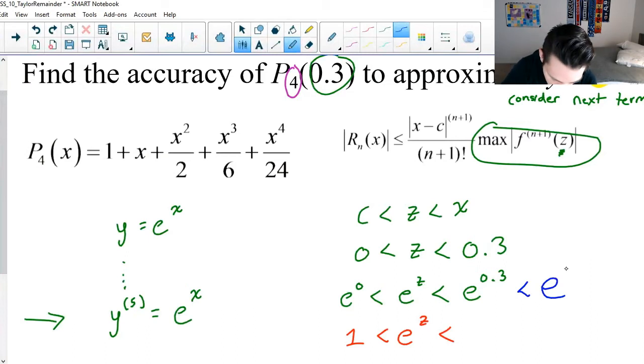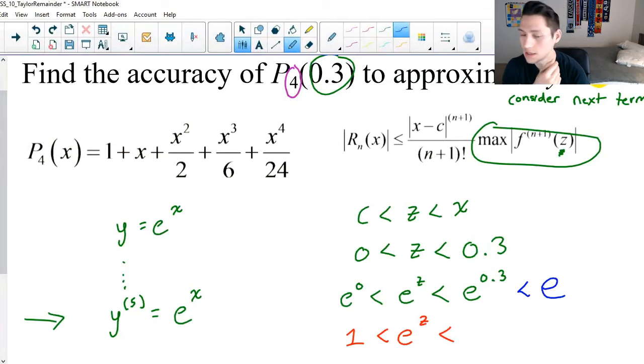Are we all okay with that? e to the power of 0.3 would definitely be less than e. Good to know, but again, not specifically helpful yet because I still don't want to use e.